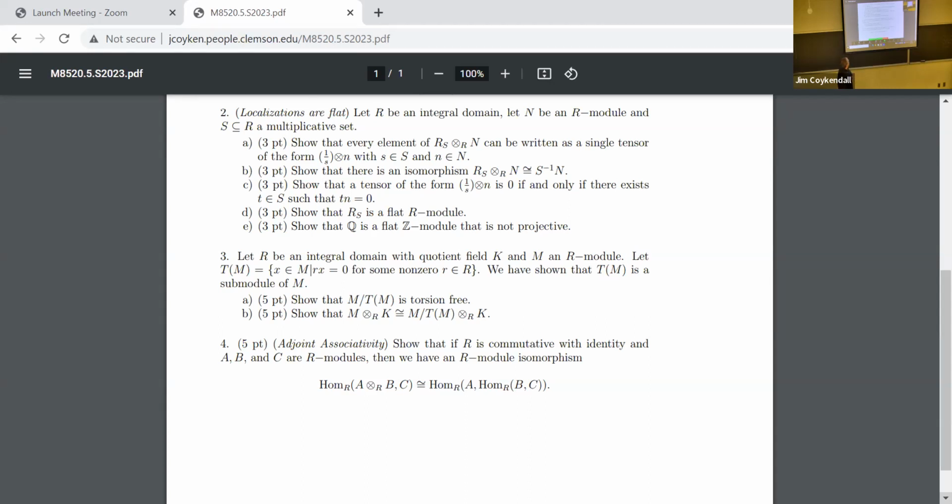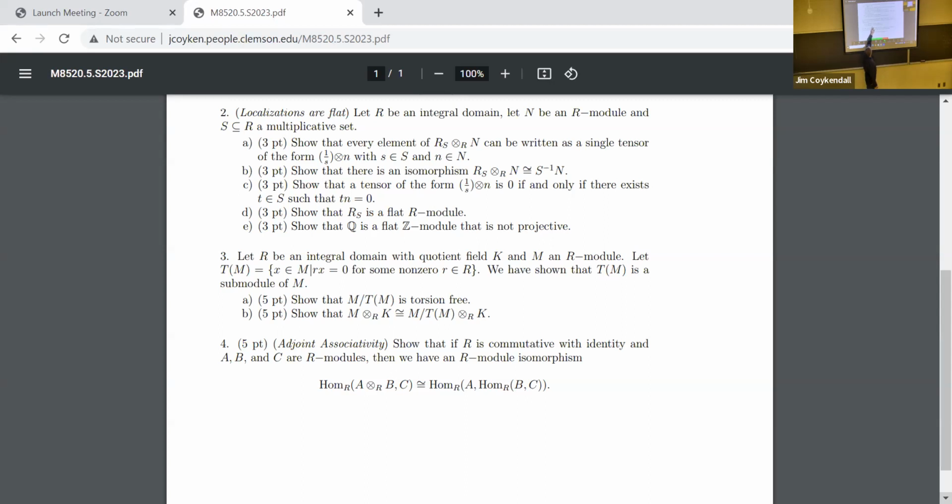We have shown that T of M is a submodule of M. Show that M modulo T of M is in fact torsion free. So when you kill all the torsion elements, you get something that is torsion free. And torsion free means the only element that has torsion is the 0 element, the only element that's killed by something non-zero is the 0 element.